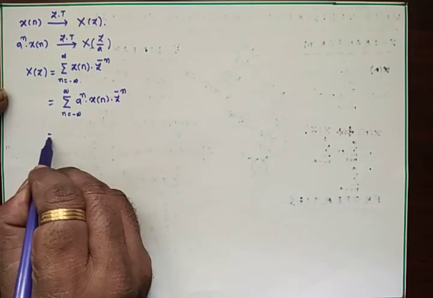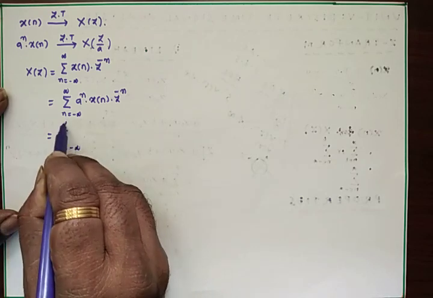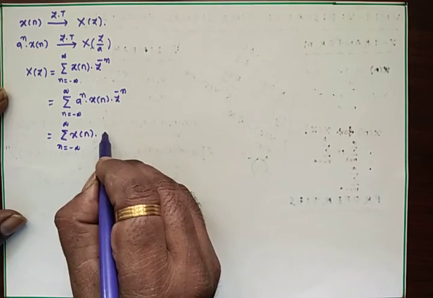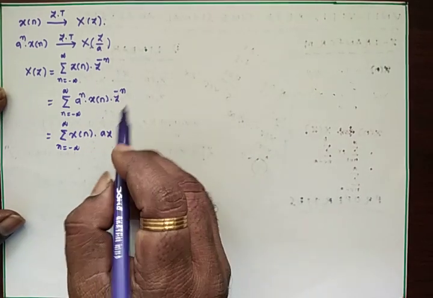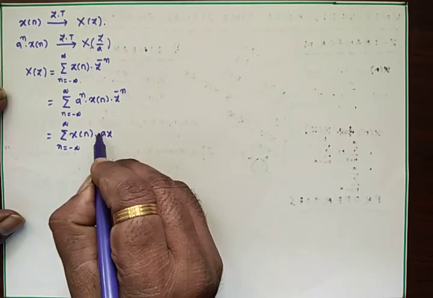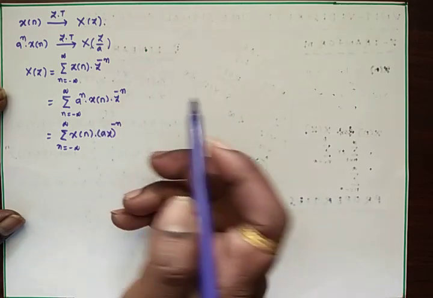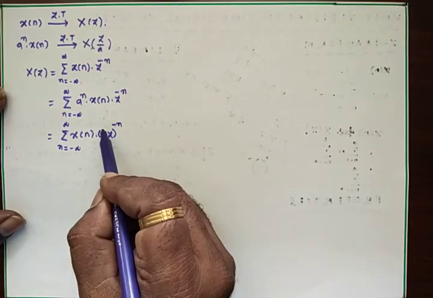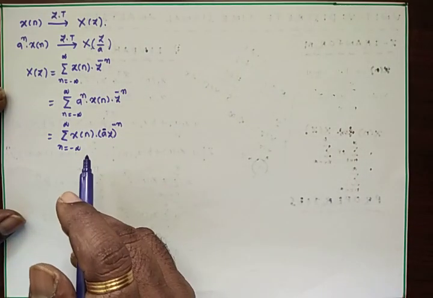Then I can take x of n as it is, and write this as a z to the power of minus n. Here we have minus n, so minus into plus, and now I am getting the same.